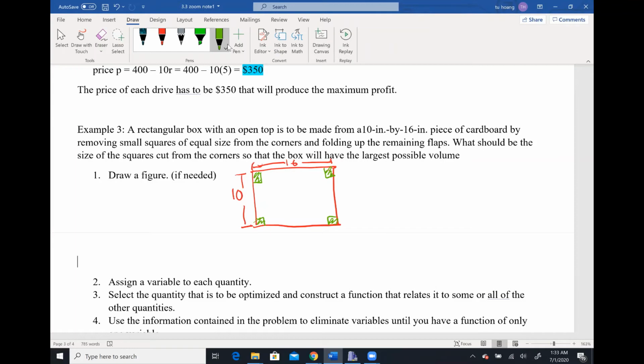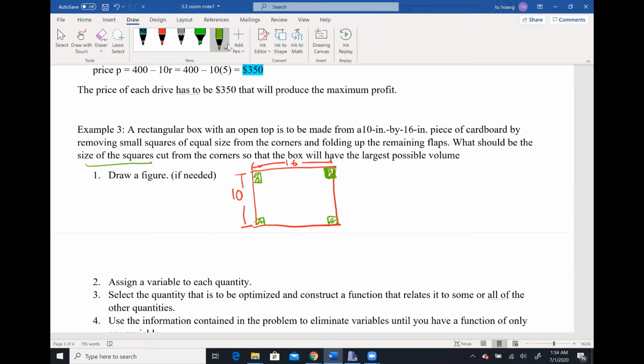So what do they want us to do? The question is, what should be the size of the square cut from the corner? They want us to find the dimension of the square.